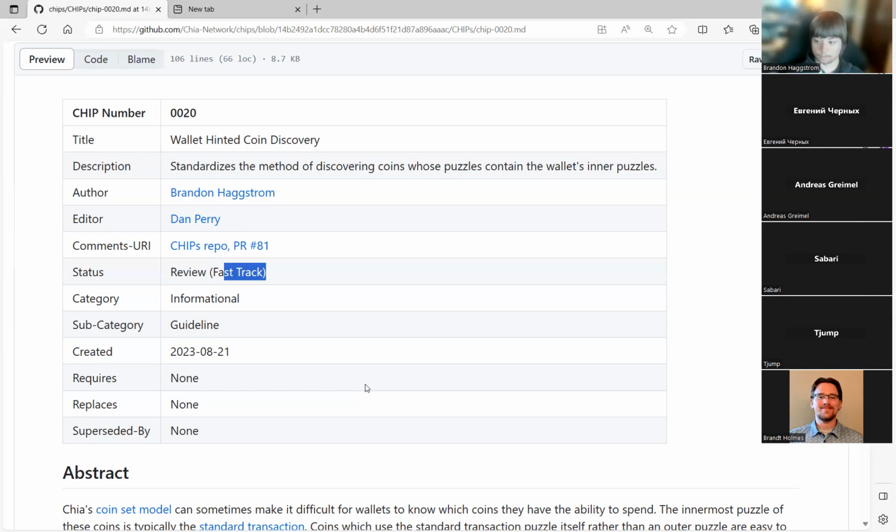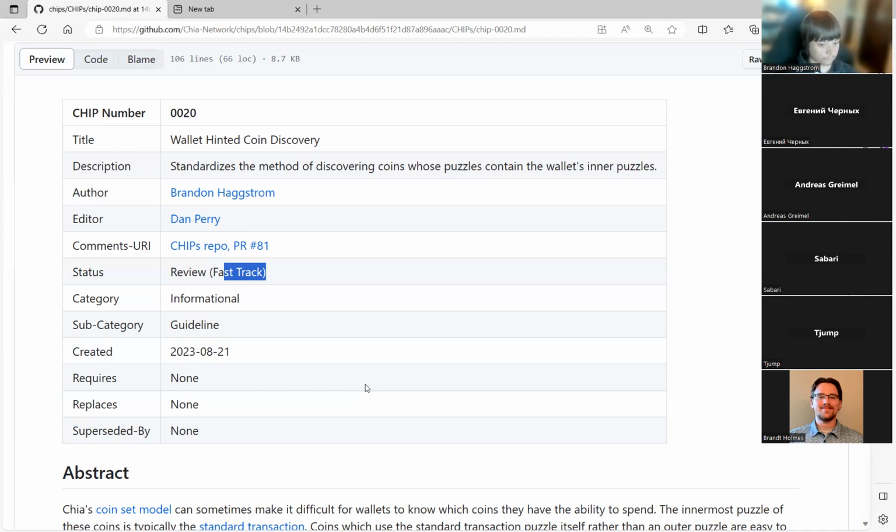Yep. And then as far as coins that are created in this fashion with a hinted inner puzzle, this means that if you're going to have a non-hint memo, it should be at the non-zero index. Is that the rough guidance around this? Is the first hint always the inner puzzle?